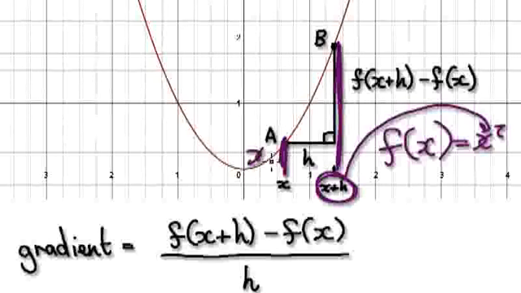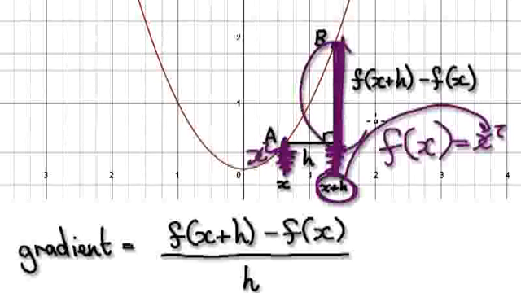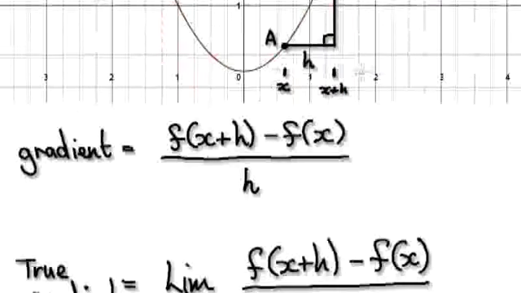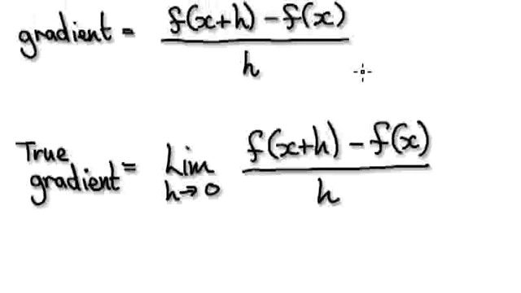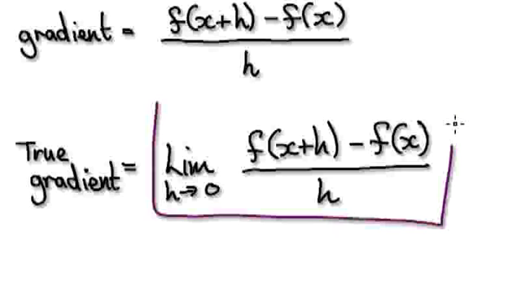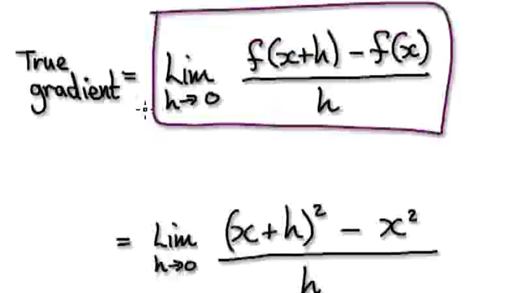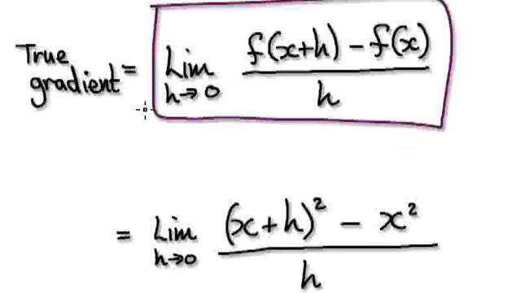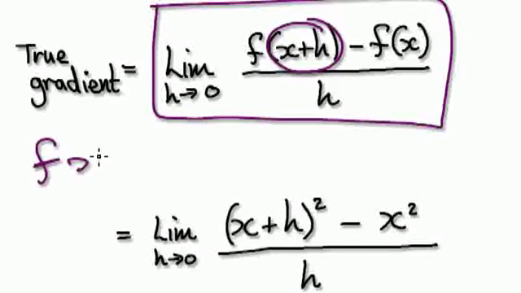Don't forget this height here is x squared. So it's really you getting this whole length here, take away this length here, take away this length here. Then what's left will be the height of the triangle. So the true gradient is given by this here, and then we put this into the f of x.